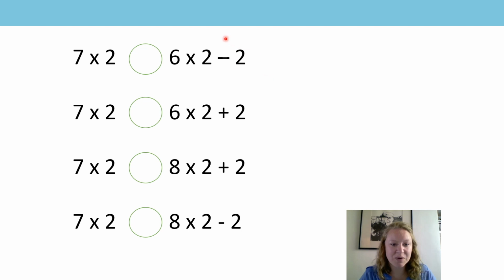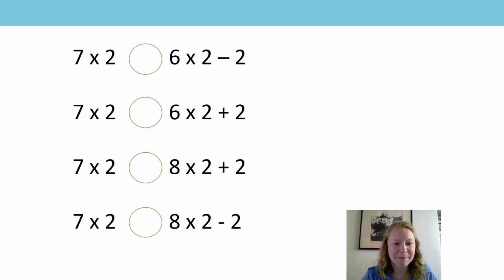So I think it's important that we've noticed all those things before we start trying to work out what we need to put in. So let's have a look. Okay, on this side we have 7 2s, and on this side we have 6 2s and taking away a 2. So what do we think? Do we think this side is going to be greater or less?